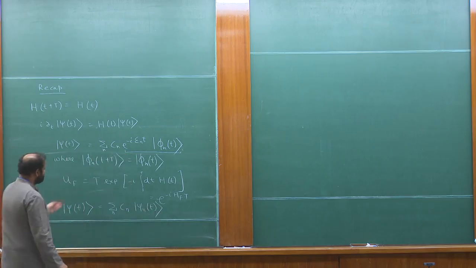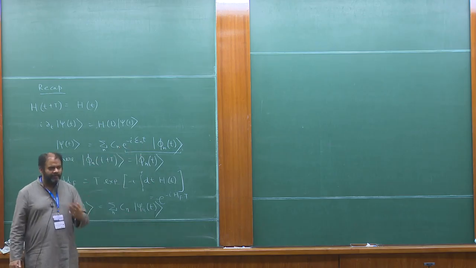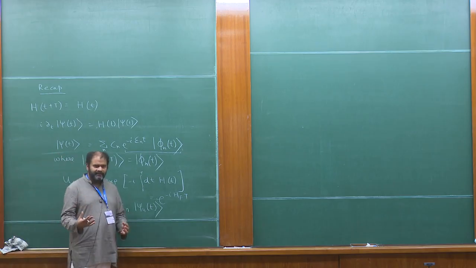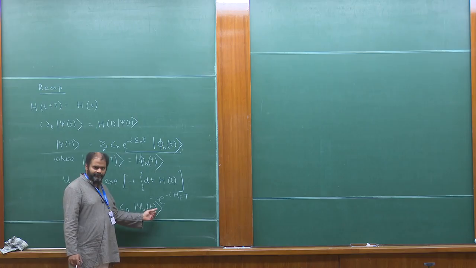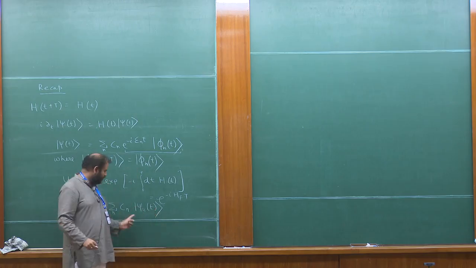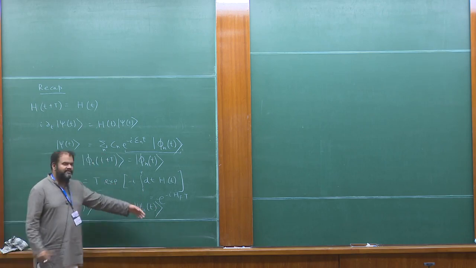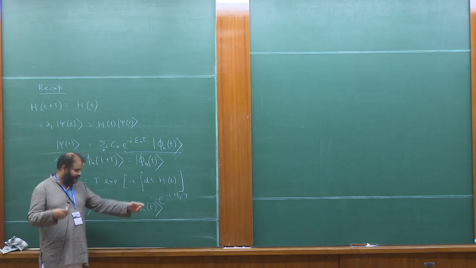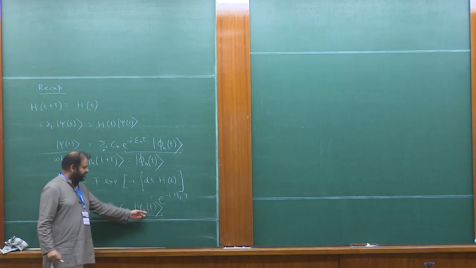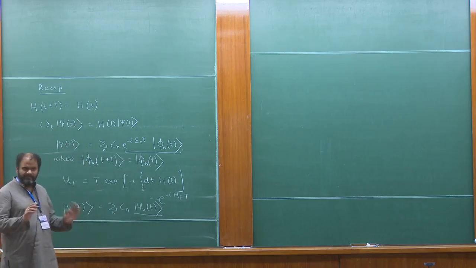It's not a problem because this is just a redefinition. This is what I just call Cn psi n t. But now you note that if your initial state was psi n 0, which means you were initially localized in one of these modes, if Cn was 1, then you would just evolve as psi n t. So these psi n t's here are actually the solutions to the Schrödinger equation. Does that make sense?